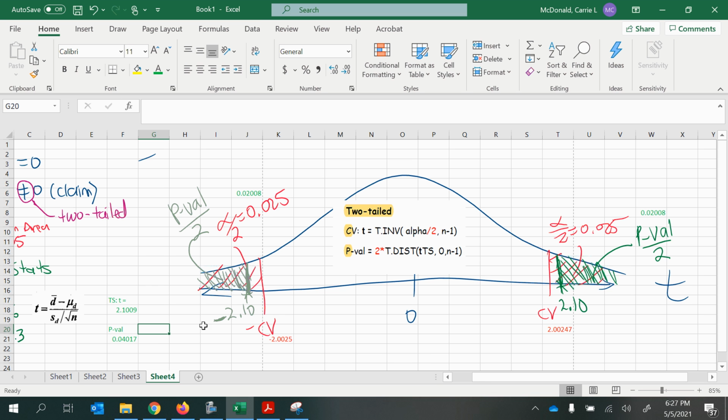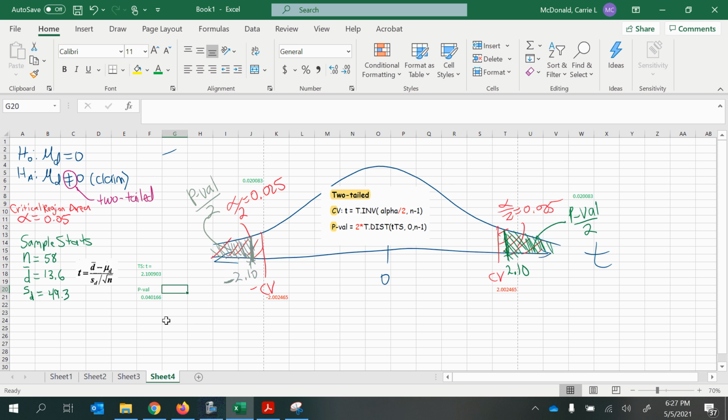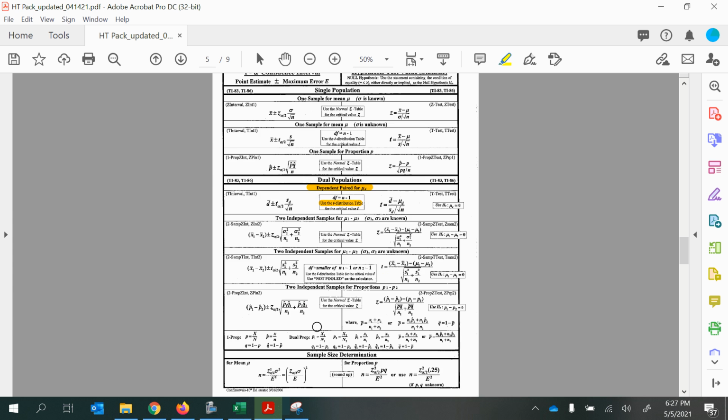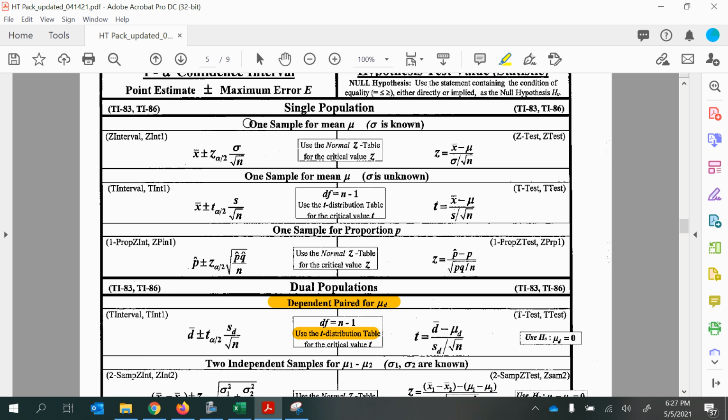Very important. So I know that was a really long video, but there is no other way to rush understanding why you're sometimes getting these right and why you're sometimes getting these wrong. There can be other examples that we do where you would be using different formulas from this packet, so you have to make sure you're paying attention. Is it one sample mean where sigma is known and you're going to be doing z-scores?